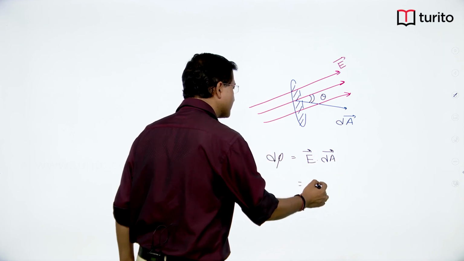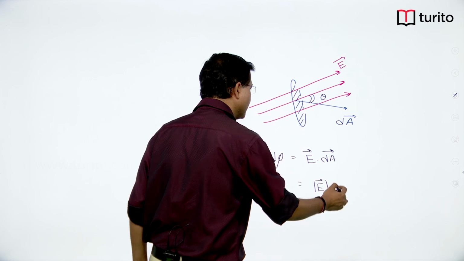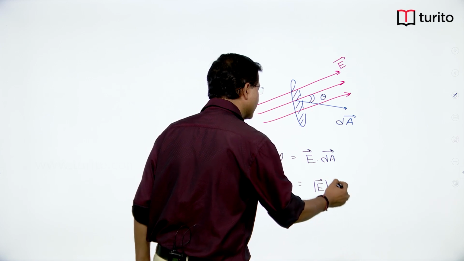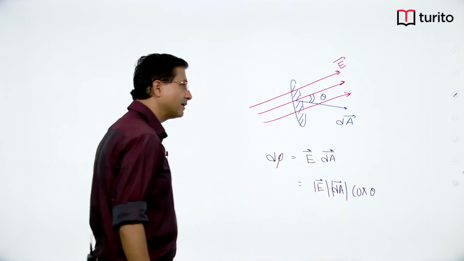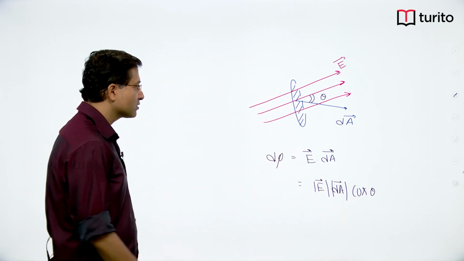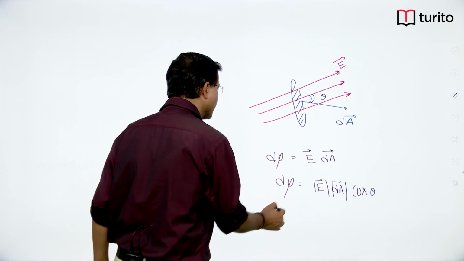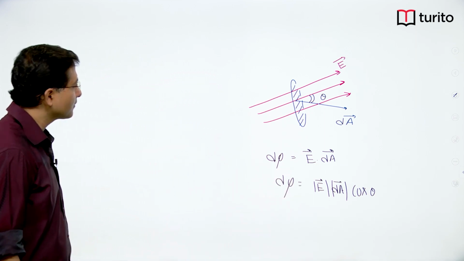That can also be written as magnitude of field and magnitude of area vector cos of the angle between field and area vector, right. So, this is what we have seen in the last class and we solved one example based on this one.